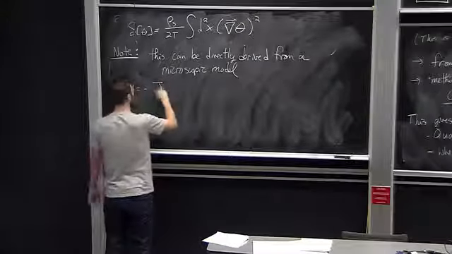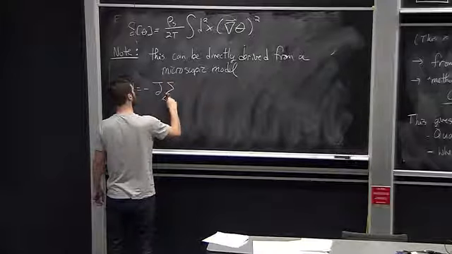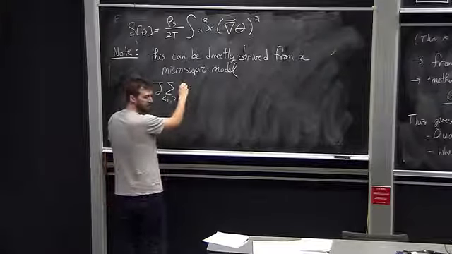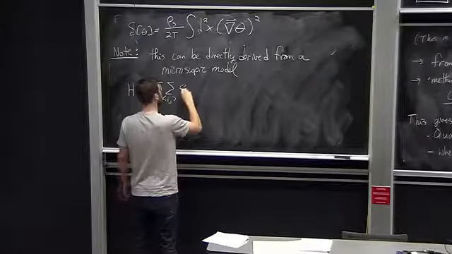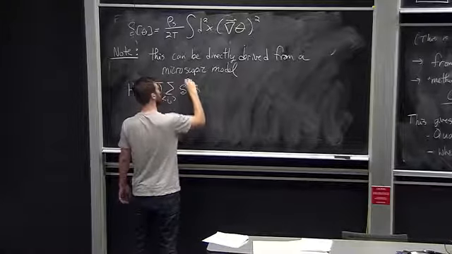So nearest neighbor spins, which I'll call S dot S, but they're 2 component spins.